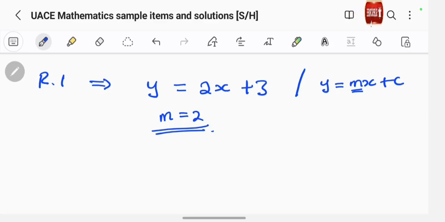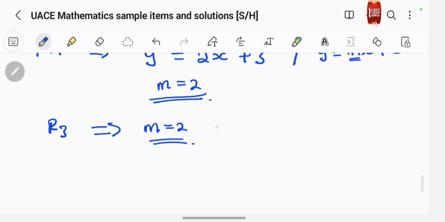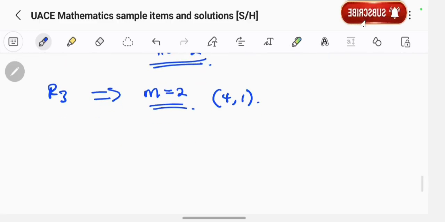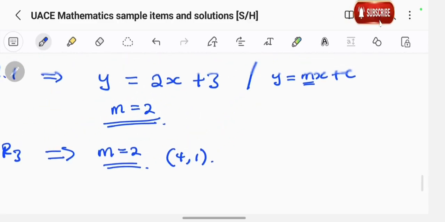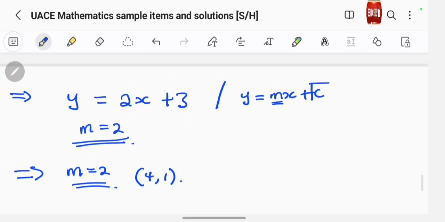That's the gradient for R1. This means that if R3 is also parallel to R1, the m is 2. But this line is passing through points (4,1). So how do we generate this line? Some people use this formula and struggle with finding c. That one's the longest route.